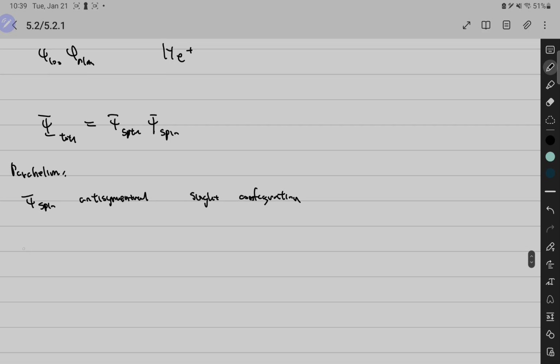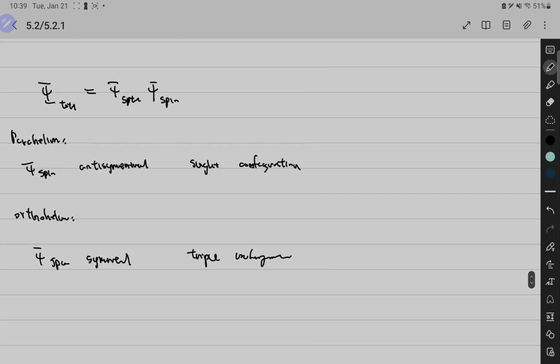And now here's the second case, which we call orthohelium, which is, as you can guess now, when spin is symmetrical. It's called a triplet configuration. In this case, if our spin is symmetrical, is our spatial function symmetrical or anti-symmetrical?